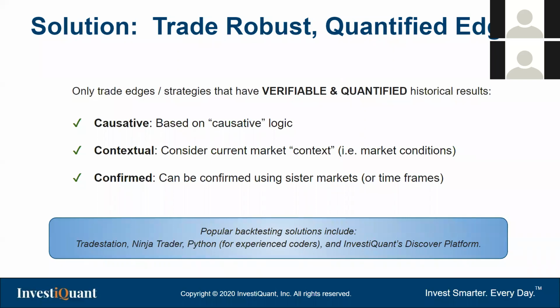It's a little bit better trading language, and it's more for coders as opposed to people like me. I can kind of hack around in TradeStation, but Python's above my pay grade. Or if you're not a coder, we have a platform which was shown in that screenshot above, where you don't have to be able to code. It's just kind of a point and click thing, and it's code-free backtesting, but that would be available with the Discover platform from InvestiQuant.